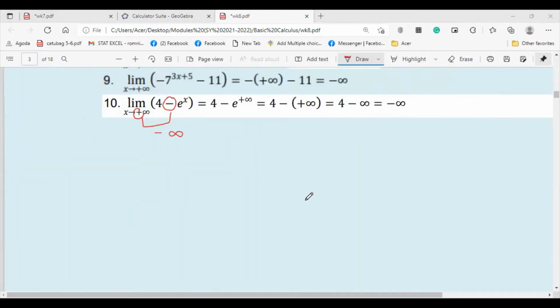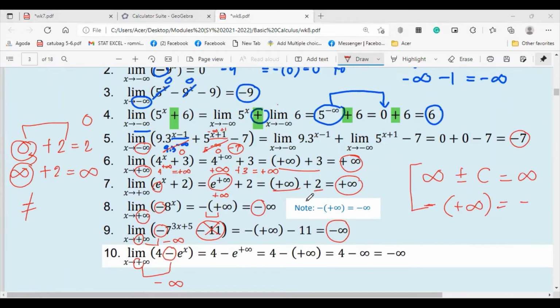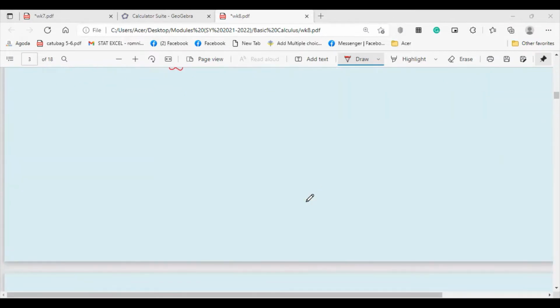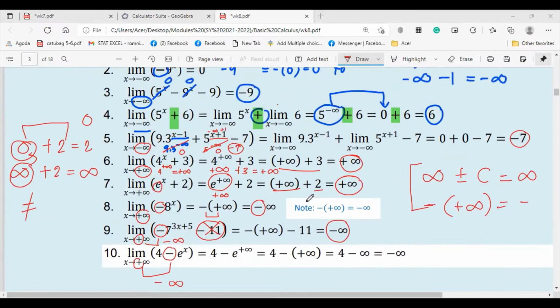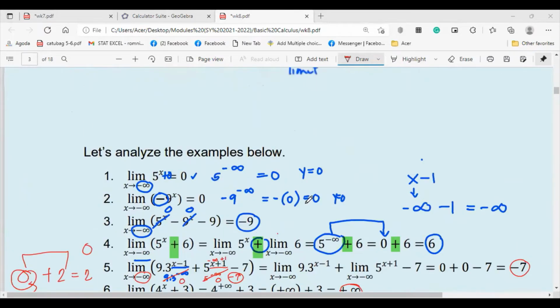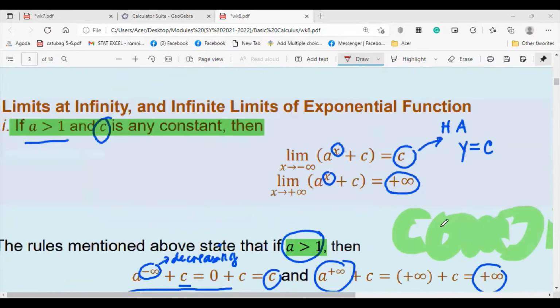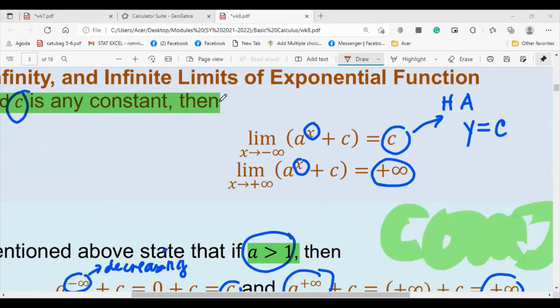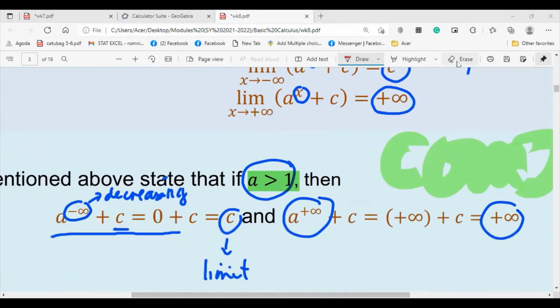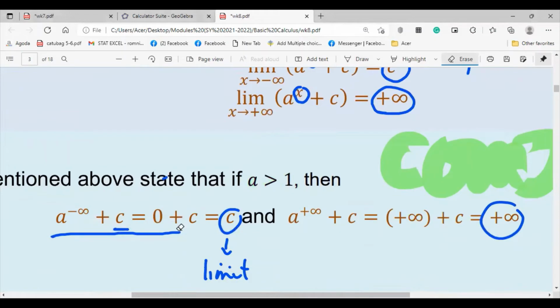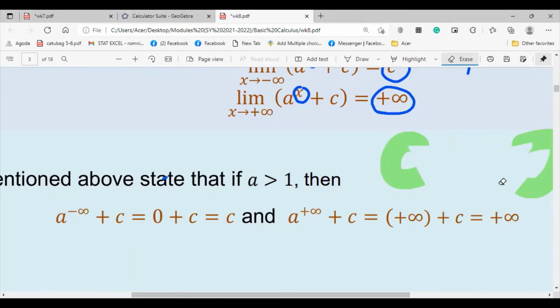Okay? So, to check if you understood these problems, balikan natin. Kapag negative ang exponent, pwede tayo mag-generalize.